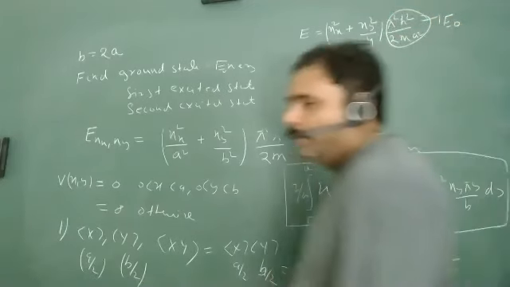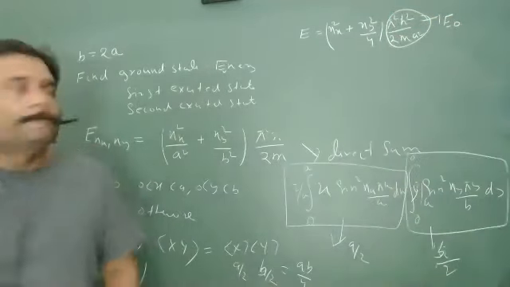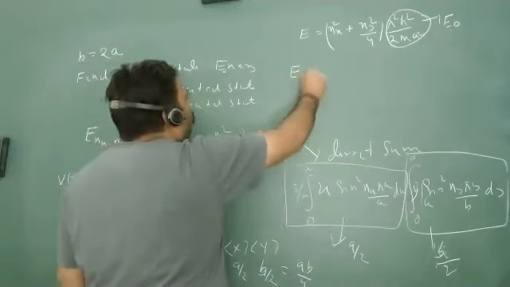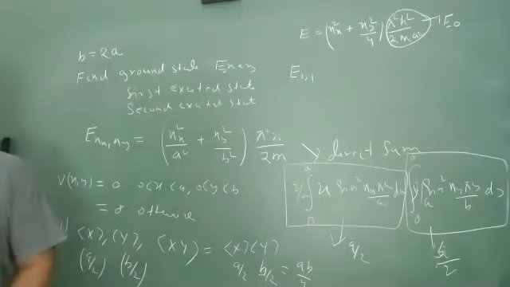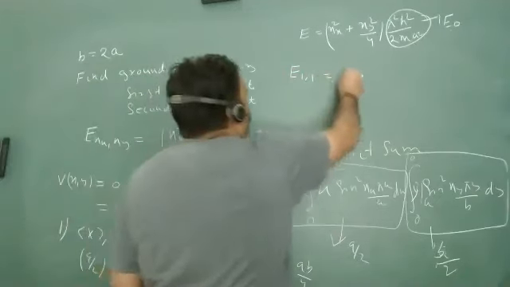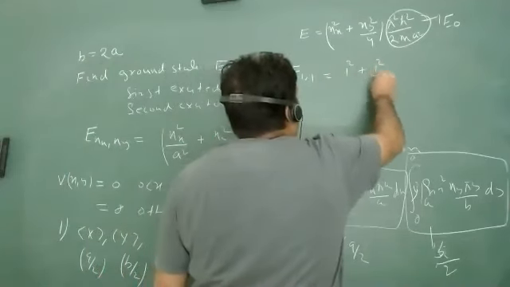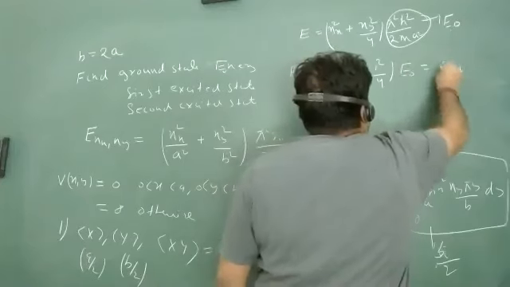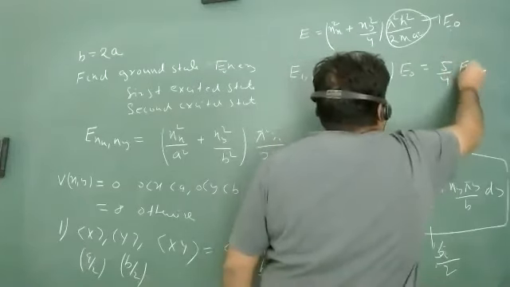Let's see, what will be the ground state energy? E11, 5/4. E11, that is what it will be. So 1 square plus 1 square by 4 into E naught. That will be 5/4 E naught.